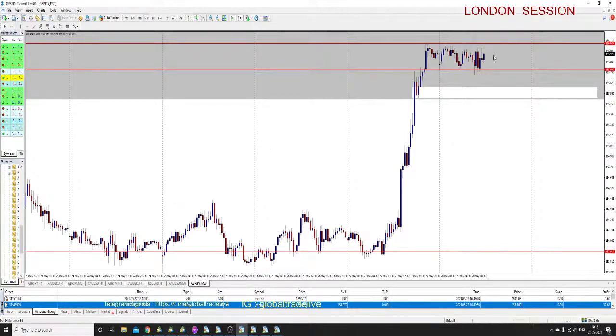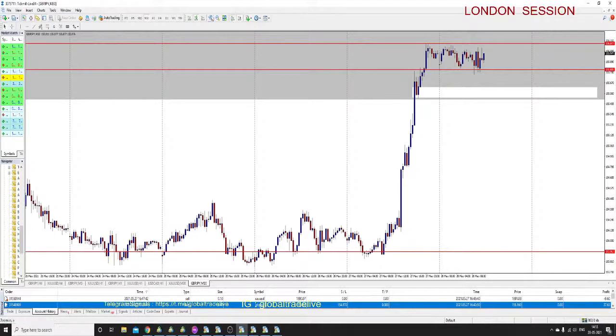Can you just look at this from Asian session, pre-Asian session, pre-London session, now London session. It's just consolidating. And I also think that if it just breaks down, then it can start to move down and eventually correct this move to the upside.